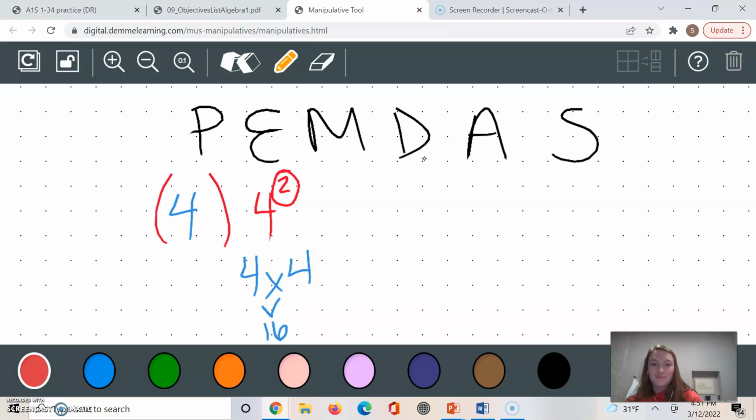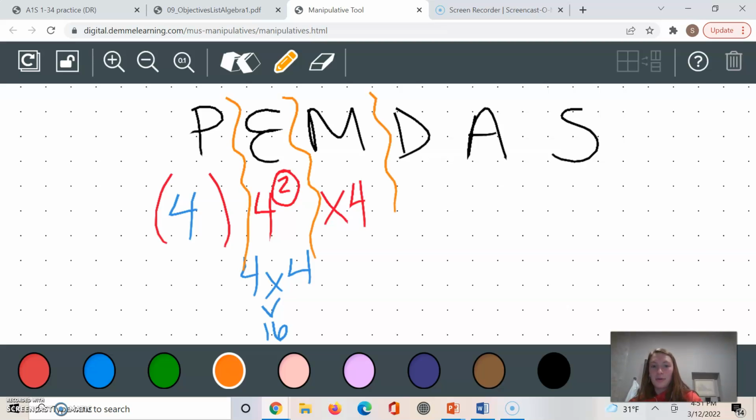Yes. Does anybody know what the M stands for? Multiplication. So that would be the x, the times 4. Here, I'll make this a little easier. These are all separate, by the way, not all in one lateral line. Okay, so that is the times 4. The D, again, division.